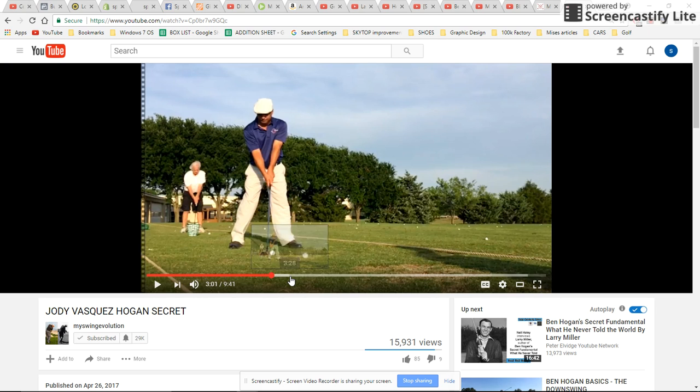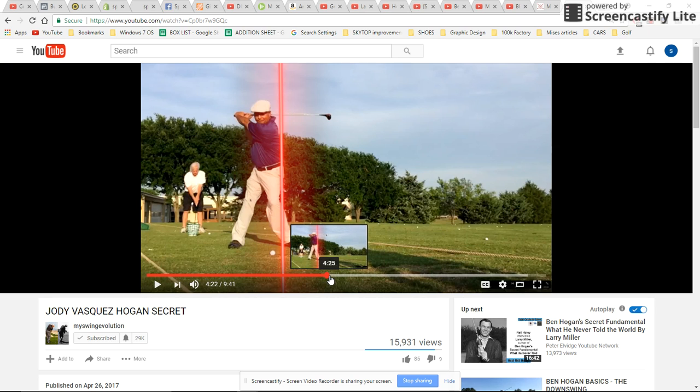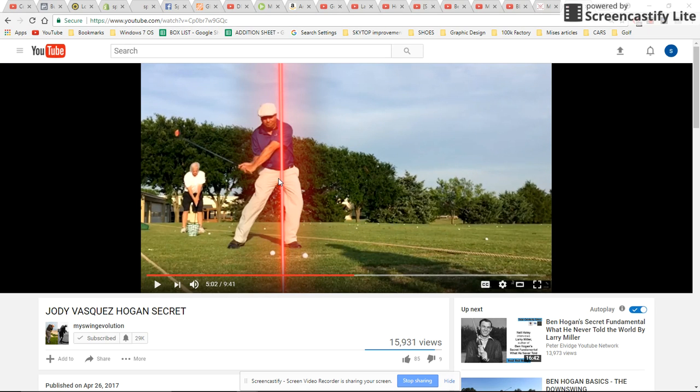You can't just say, forget about the address position and immediately go to the backswing and say, oh, I'm going to draw, now here's my backswing image, and I'm going to talk about where my hip is at the top of my swing, and then progress down here and talk about how far your hip laterally moved this way.